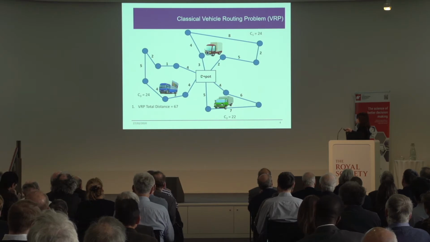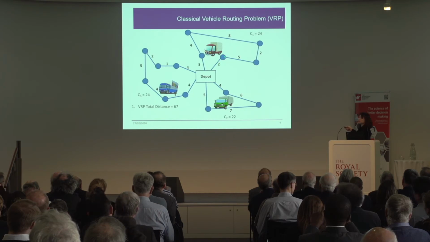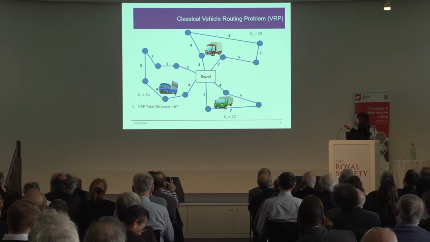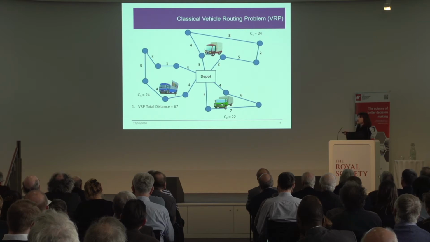For example, starting from the depot, the vehicle travels 2 kilometers to reach the first customer, and then 5 kilometers, and so on. We take the sum of these numbers and got the cost 24. When we sum up all these numbers, we got the VRP total distance is 67. This is the value that we aim to minimize in our problem.